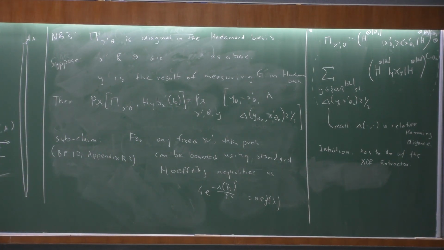Hoeffding actually requires the average; it just tells you that the expected average and expectation values are bounded by some quantity. So here we must compute the average value of random variable y probably, which will depend on other things.